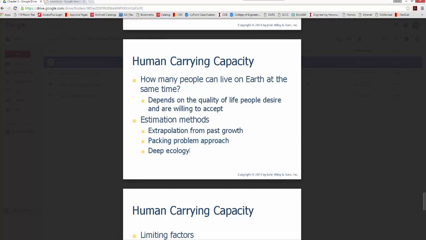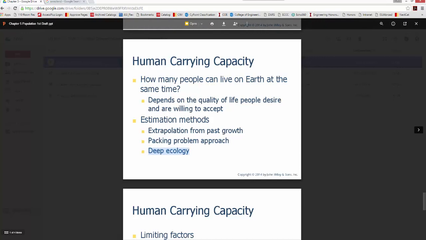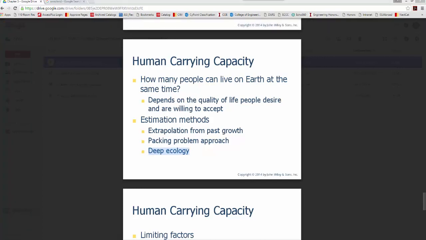And then this thing called deep ecology, really fascinating. The idea behind deep ecology is that we are making a negative footprint on Earth. And so the one way to take care of this issue is to decrease the size of the population. In other words, some ideas may be that we limit families to 1 child per family.